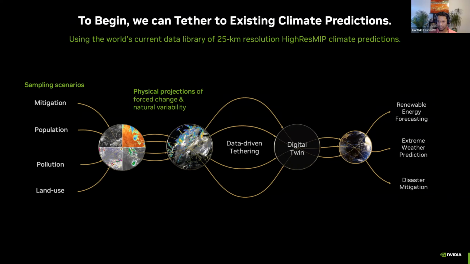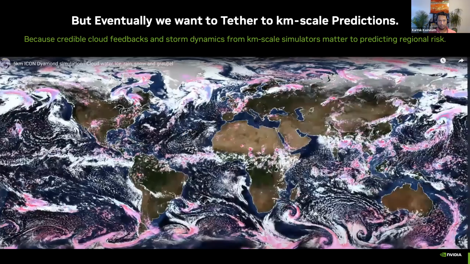And this can be used for very fast analysis and projections for various different types of applications, whether it's renewable energy or extreme events or disaster mitigation and so on. But eventually we want to tether to kilometer scale and sub-kilometer scale predictions, because we know that the cloud feedbacks and storm dynamics are only reliable when we actually get down to these scales. So that's the sort of next frontier that we're looking at.